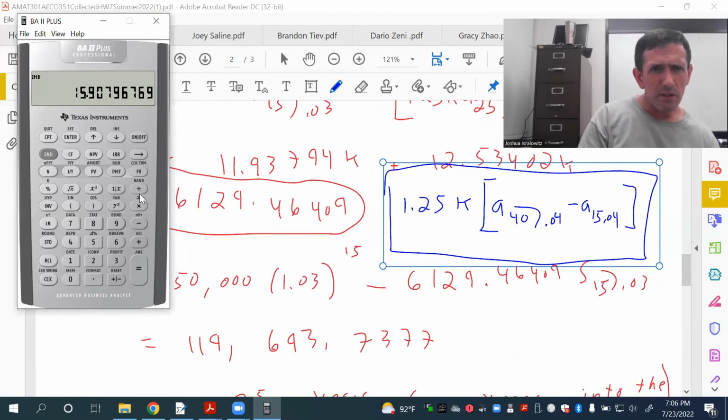So I can clear the memory, 40N for interest 1, payment, compute present value. Make that positive, store it in the one spot. Now let's do 15N for interest 1, payment, compute present value.